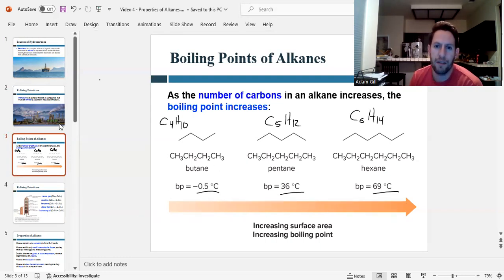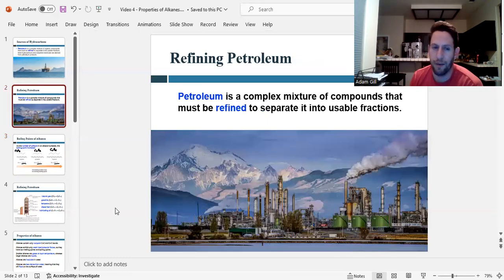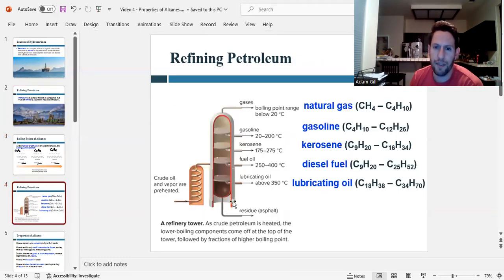And so let's take a look at an oil refinery tower. In the tower, they have separating layers, if you will. They pump the crude oil in preheated, and then different regions are maintained at different temperatures, and the fractions will come out at the temperature that corresponds to their boiling temperature.